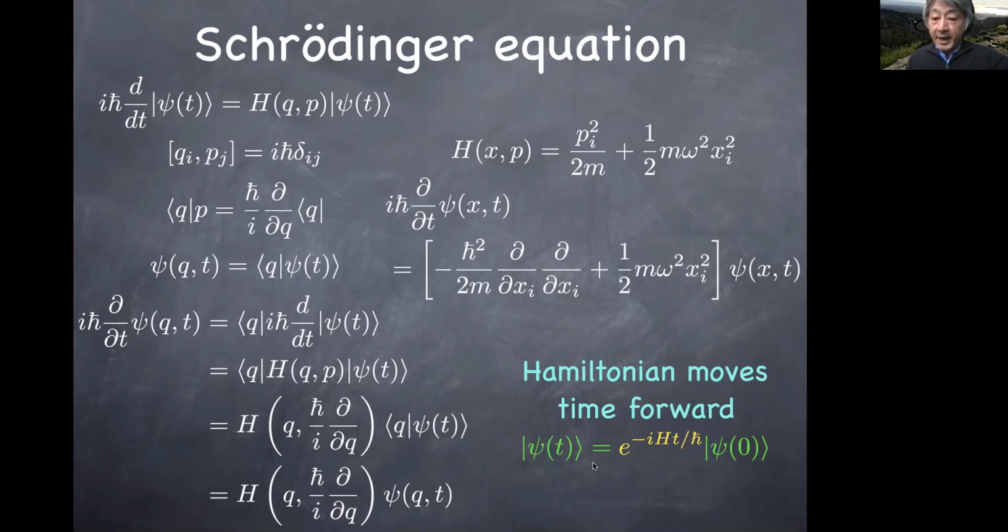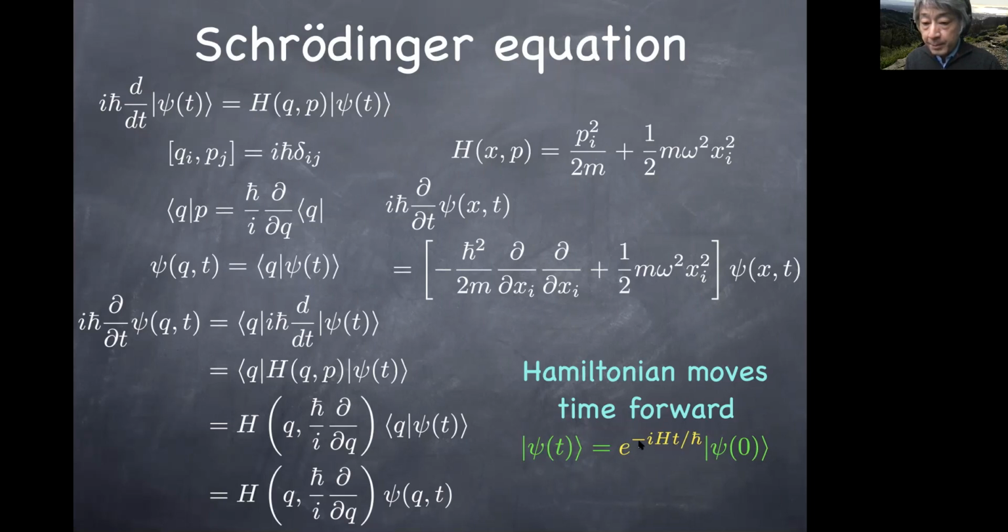It's easy to check that once you write this psi of t in an abstract fashion using this unitary operator e to the minus iHt over h bar acting on the state at the initial time 0, taking the time derivative, you basically pull out everything in the exponent because it has time in it.